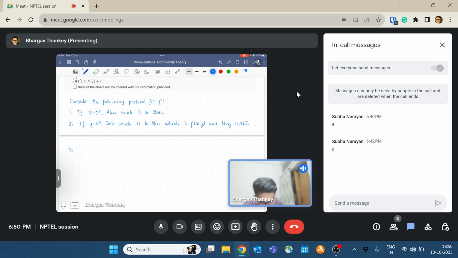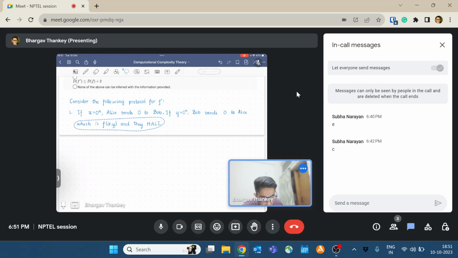Okay, so else, if x is not equal to 0^n. Okay, I still need to, let me rearrange the statements. Yeah, so if both are 0^n, let me make that the first case.